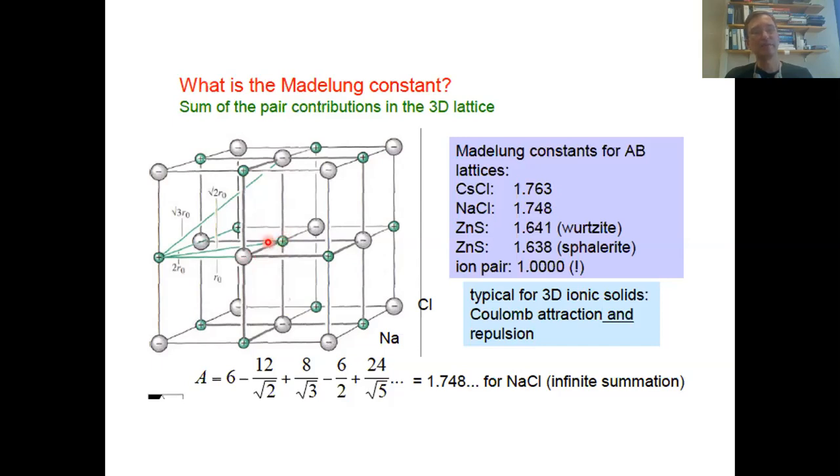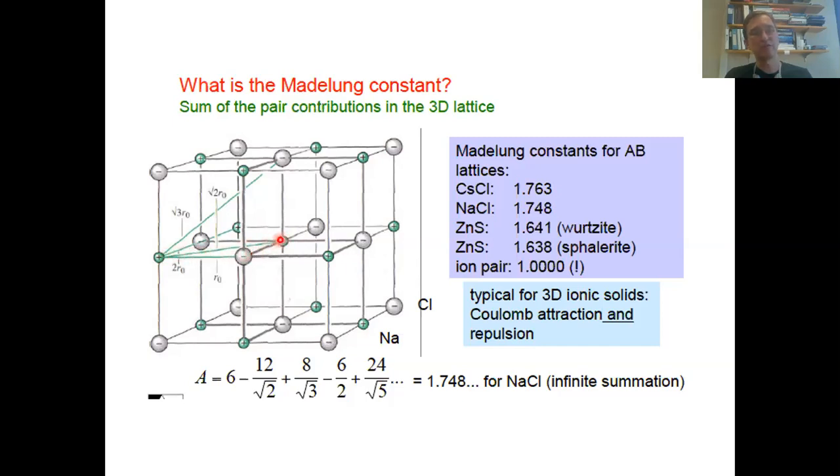And you see that the distance between this cation and the nearest cation is this, which is the square root of 2 times this distance here. This distance, which is actually half of a face diagonal of the unit cell, is the square root of 2 times longer than this distance.